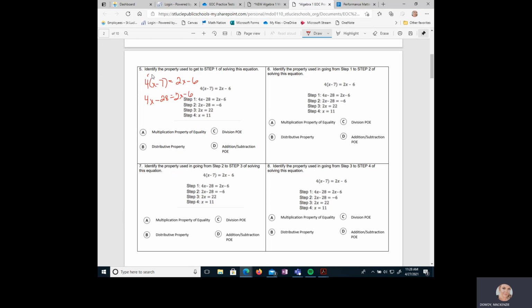So what they did was they distributed the 4 and they got 4x minus 28. So that is the distributive property.